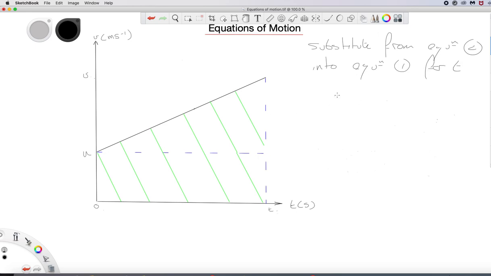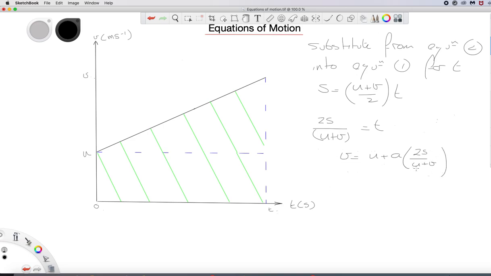for t. So if we take equation 2, which is s equals u plus v over 2 times t, and we make t the subject, well, we'd have 2s, if we multiply up by the 2, over u plus v would be t. If we then put that into v equals u plus a times 2s over u plus v.